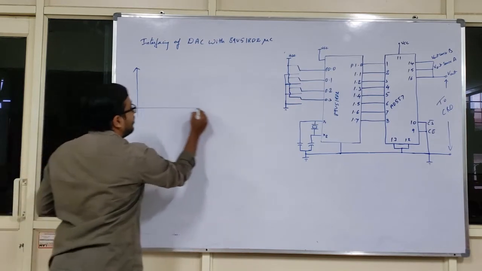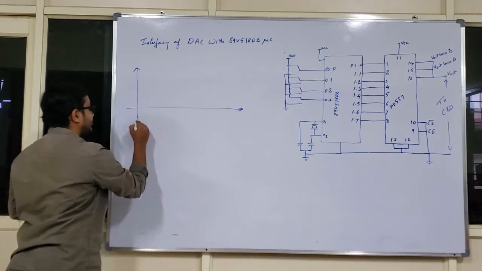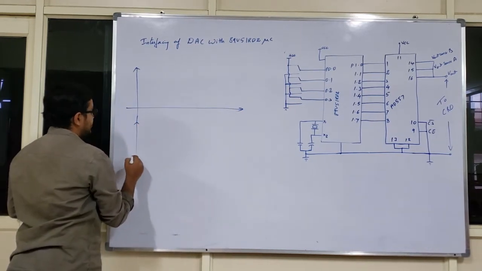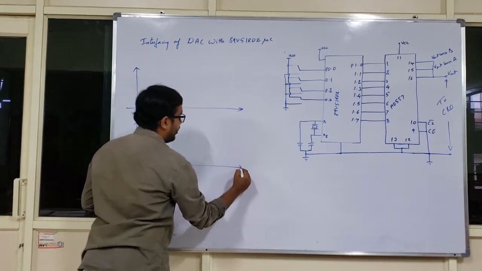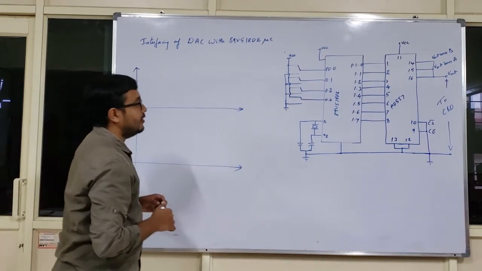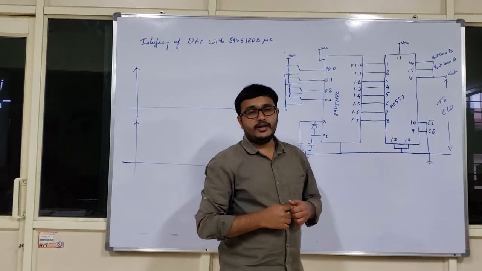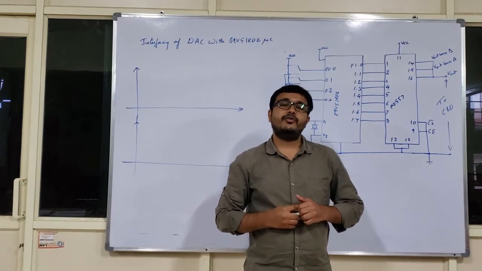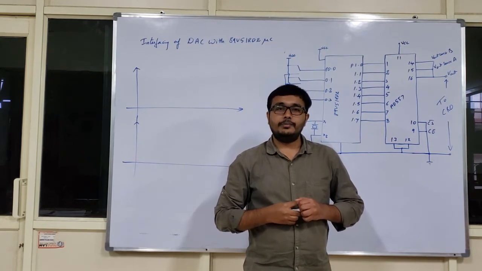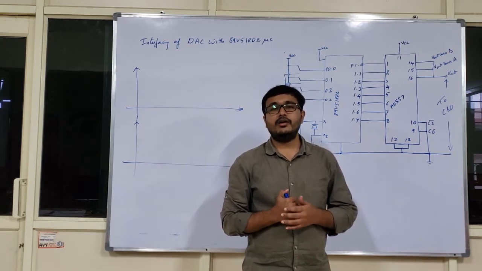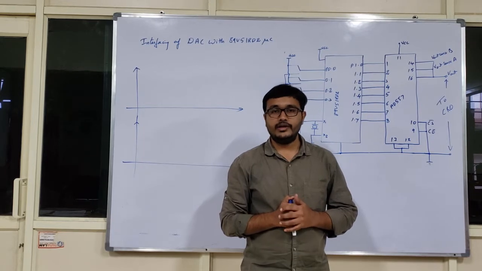What kind of analog waveforms can we develop by using this 8051 microcontroller programming? Any kind of analog waveforms I can develop here, like a triangular waveform, sinusoidal waveform, ramp waveform, step signal, or a staircase signal also.